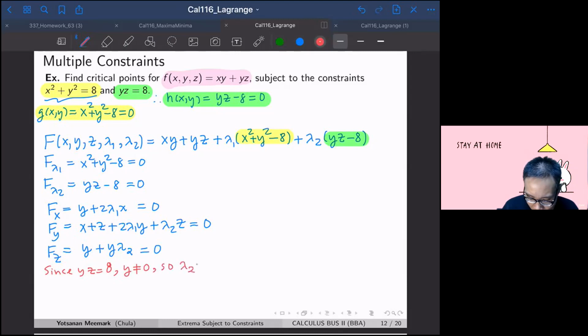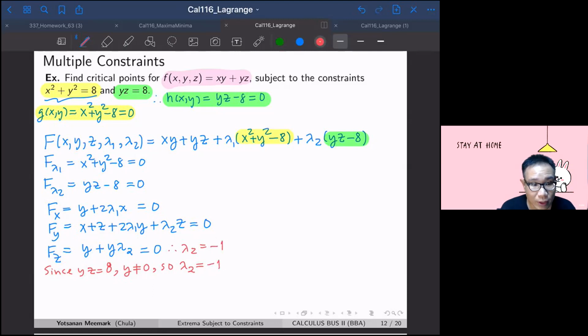So lambda 2 must be, from the last equation, sorry, lambda 2 equal to negative 1.